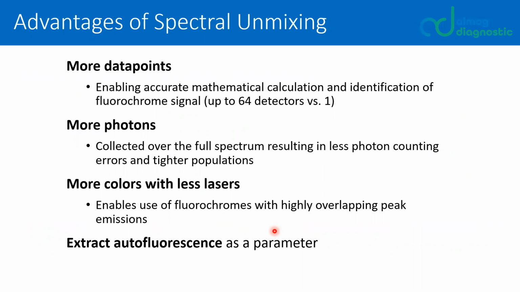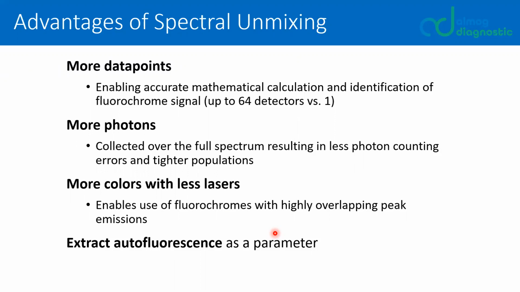So here are some of the advantages of spectral unmixing. Overall higher resolution is achieved by using unmixing because more data points are collected for each measured particle. Since more photons of light are collected over the full spectrum, it gives tighter clustering of negative and positive populations. More colors with fewer lasers.